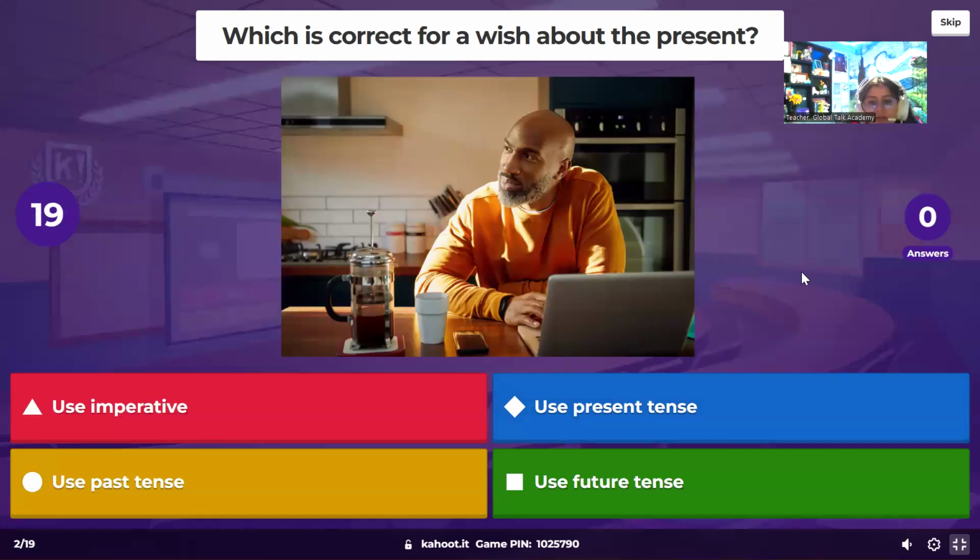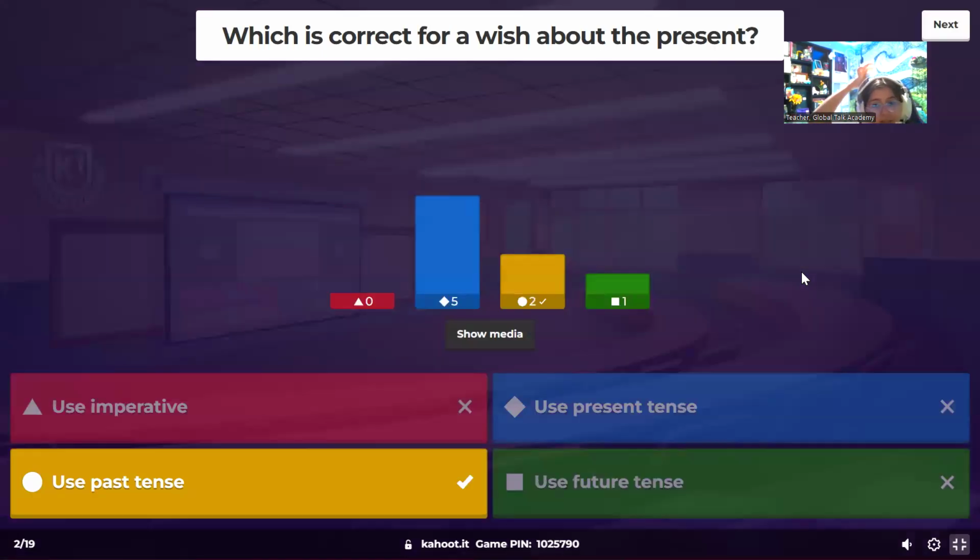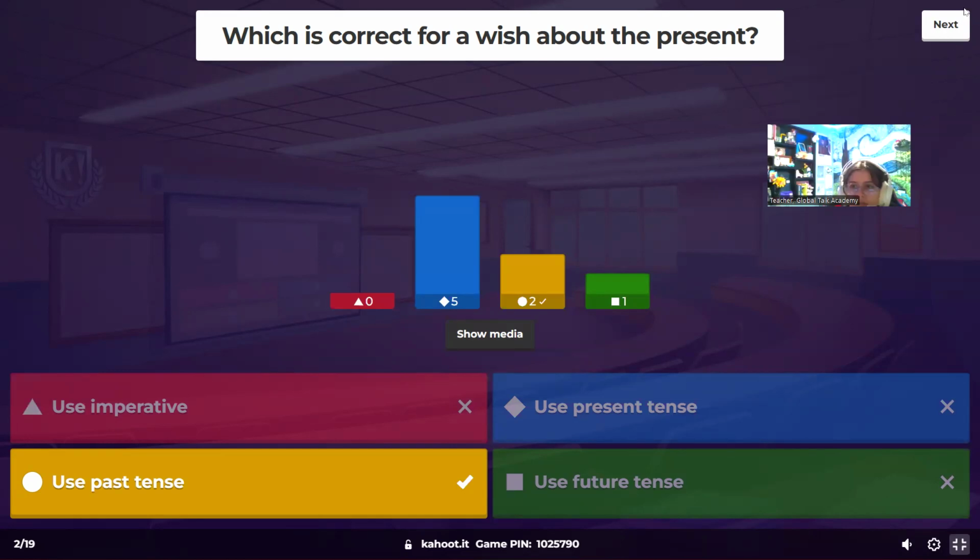So what do we use? We use an imperative, use the past tense, use the present tense, or use the future tense. In this case, as I mentioned before, we use the past tense, right? For example, had. So let's continue.